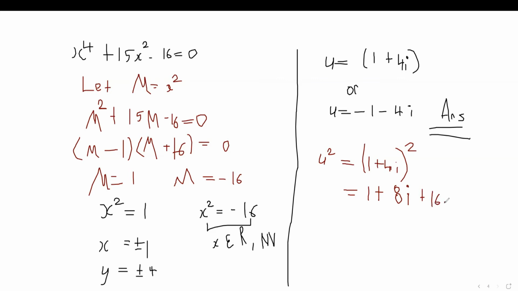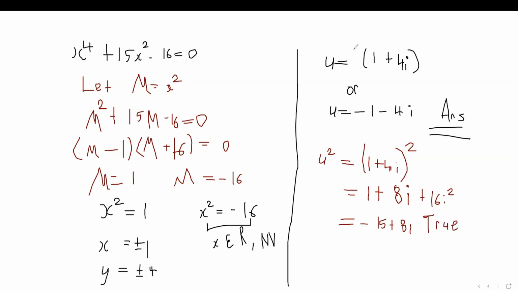But 16i squared is negative 16. Negative 16 plus 1 is minus 15 plus 8i. So the answer is true. We get back what we're supposed to get. Nice.